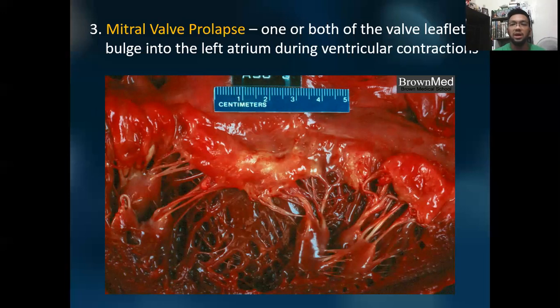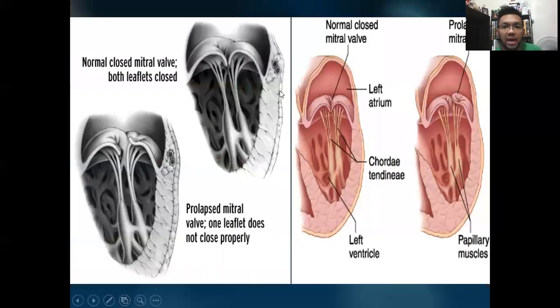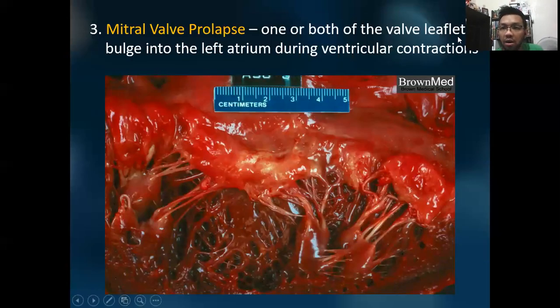The third one is the mitral valve prolapse. So what happens here is that one or both of the leaflets of the mitral valve will bulge into the left atrium during ventricular contractions. So it is bulging into the left atrium, like what you can see here. This is an example of it.